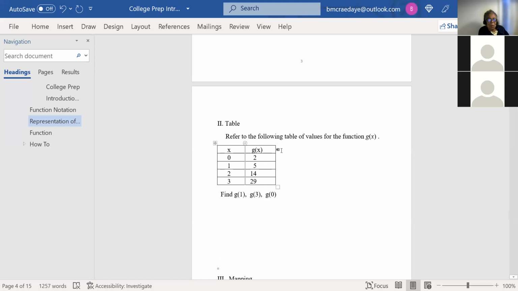We don't have the equation they used, but let's just see here. From 2 to 5 is a 3, from 5 to 14 is a 9, and from 14 to 29 is a 15. So how are they related?